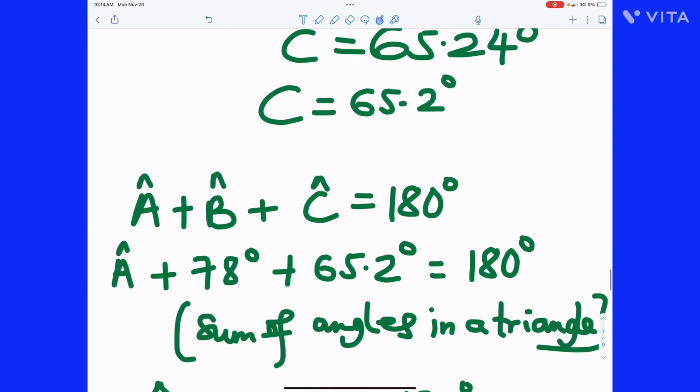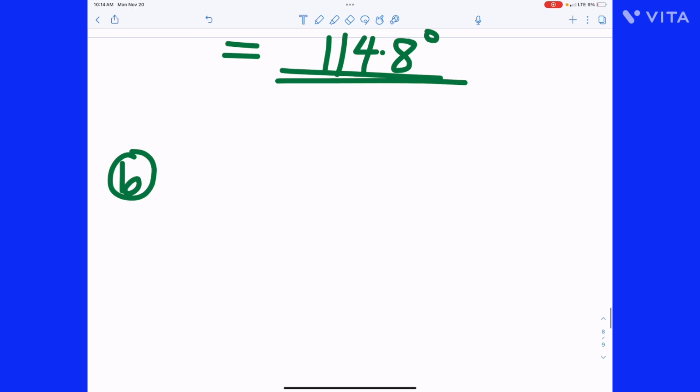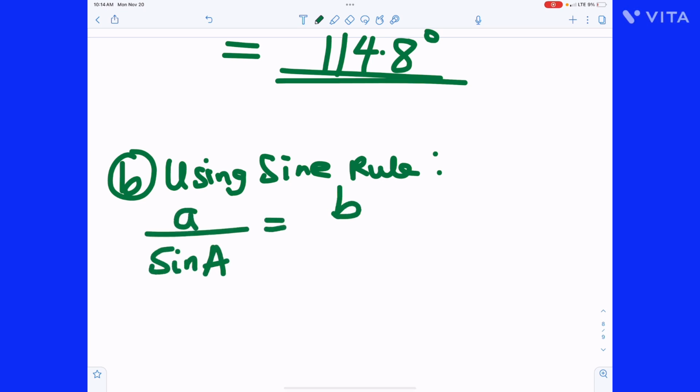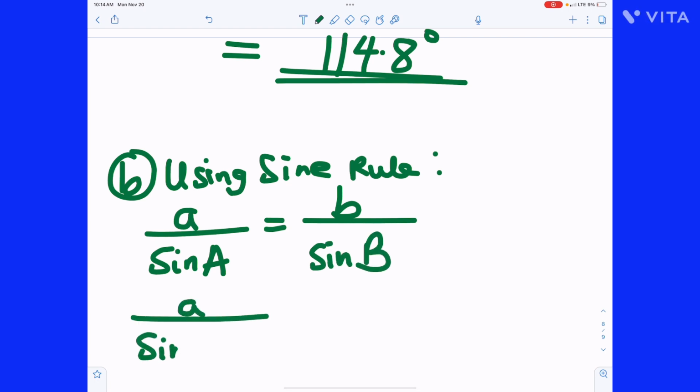Using the sine rule. You don't need to write this all the time; I'm just writing to remind you. A over sine A is equal to B over sine B. What is A? We don't know it. Sine A, that's sine 36.8 degrees.